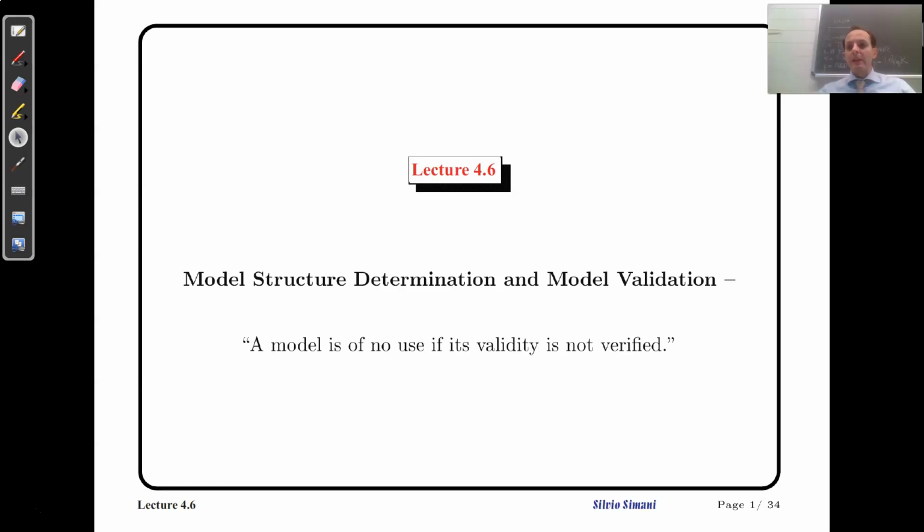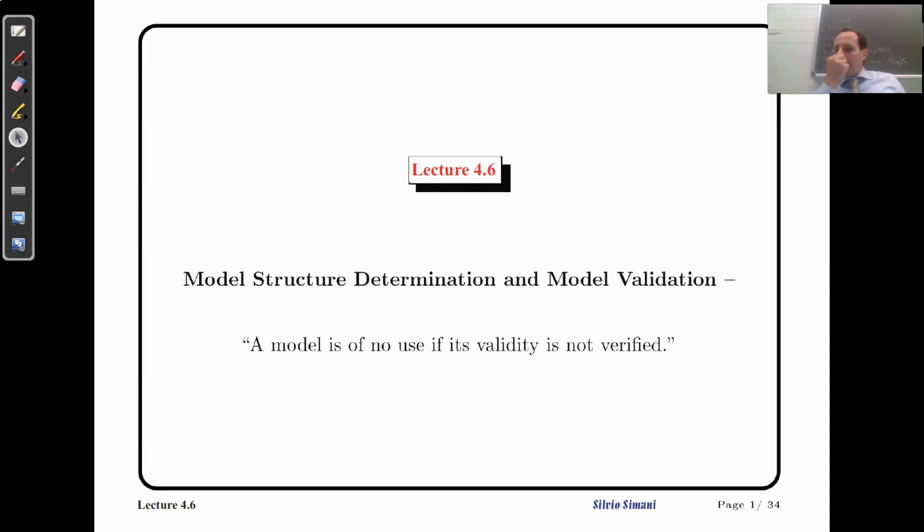So it means that the number of regressors was already defined, but really this point is still open because you need to verify the order that you assumed for explaining or determining your model.